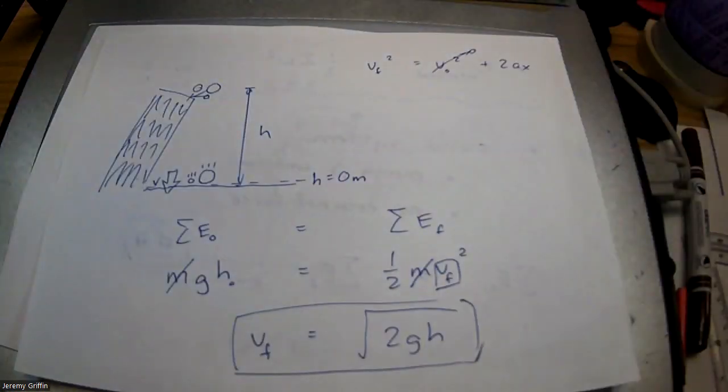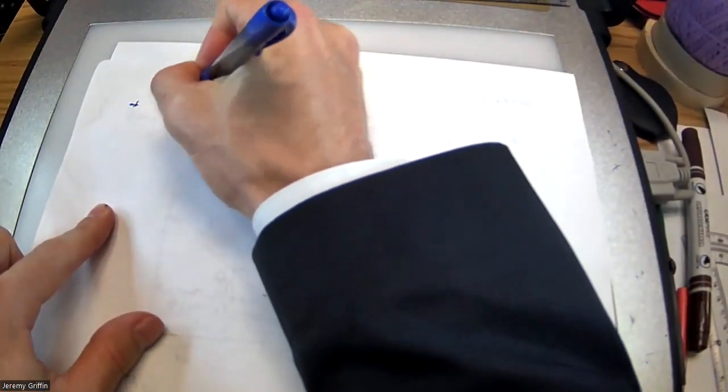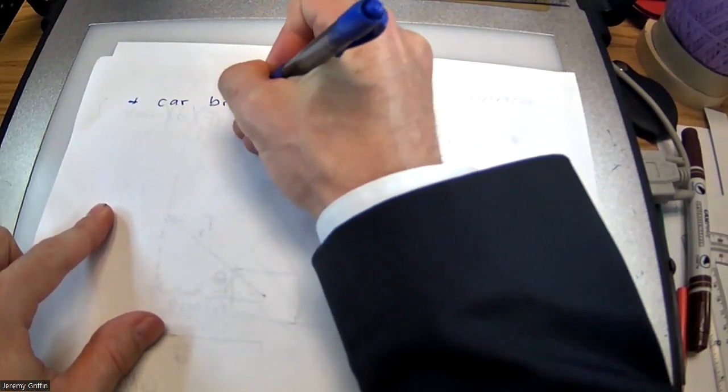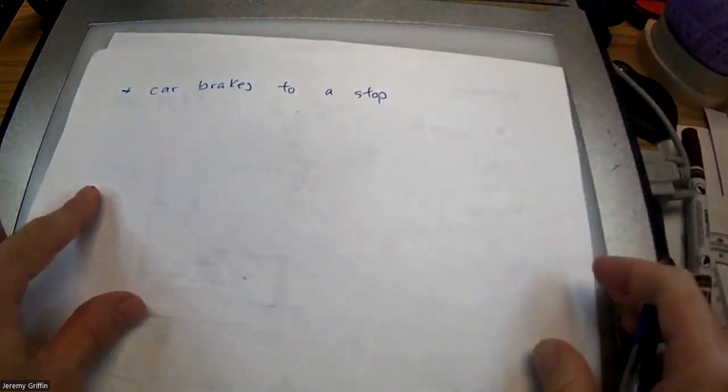But I'm going to be referring to this table, and we've done all these before. Let's take a look at some of these again. Let's start with car brakes to a stop.